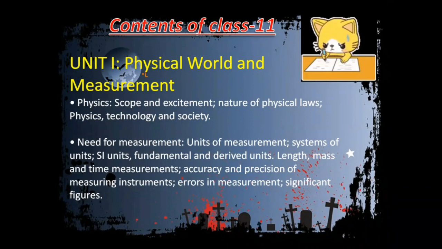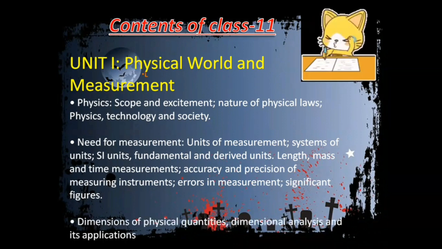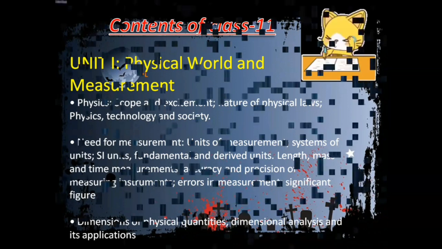Under this, units of measurement, system of units, SI units, fundamental and derived units, length, mass and time measurements, accuracy and precision of measuring instruments, errors in measurement and significant figures. Dimensions of physical quantities, dimensional analysis and its applications. These topics come under unit 1, physical world and measurement.